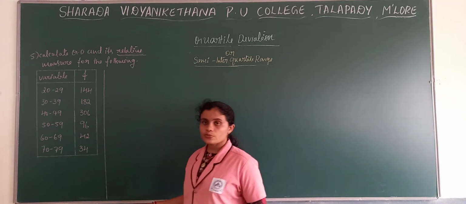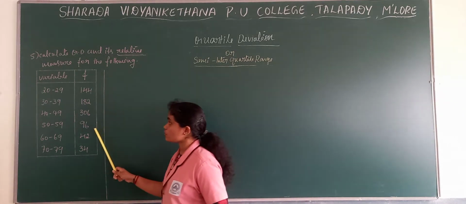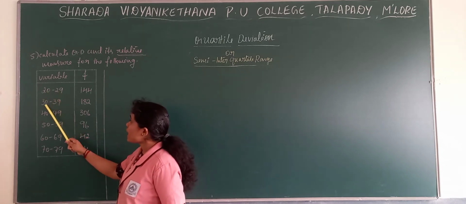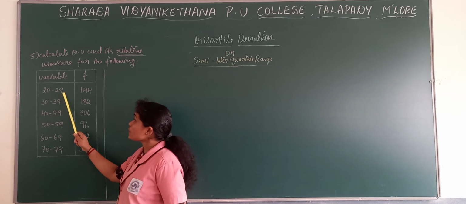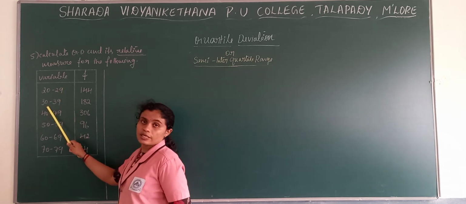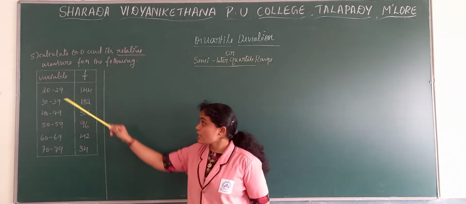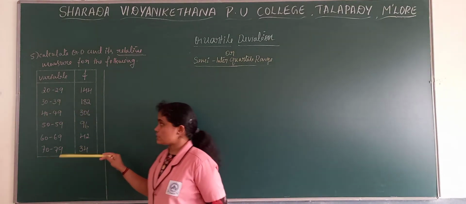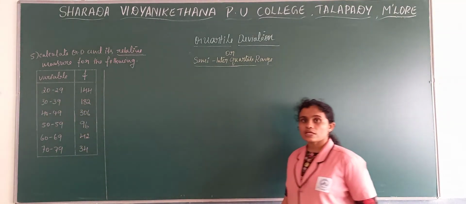Now if you check the distribution there, it's a continuous distribution. But when you see the class intervals 20 to 29 and 30 to 39, here 29 is not repeating. So it's not in exclusive form. These are inclusive class intervals.